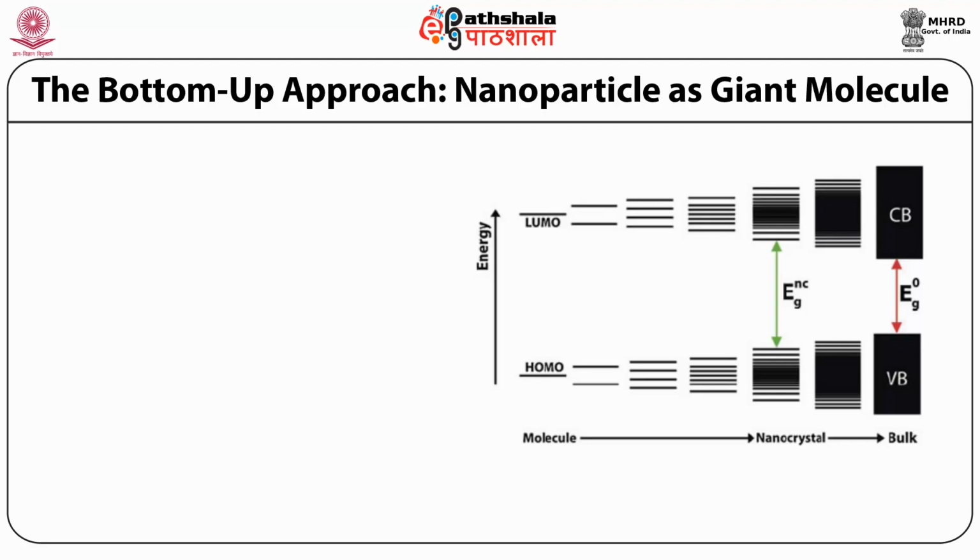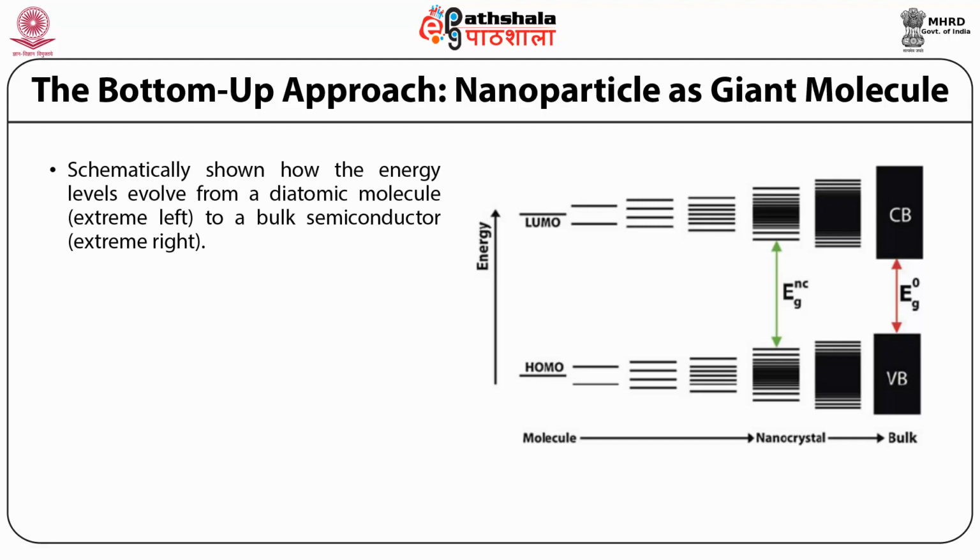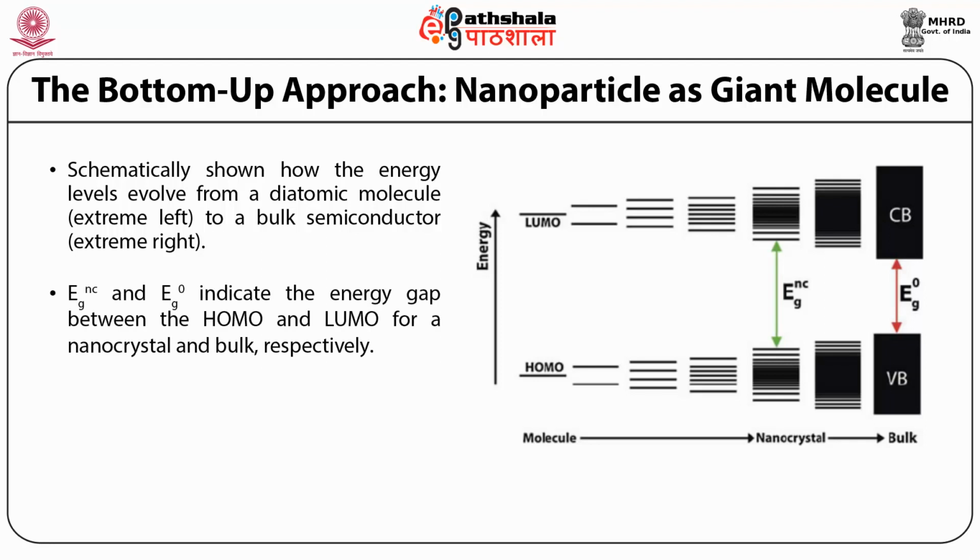So there would be fewer molecular levels at lower energy and at higher energy. This figure schematically shows how the energy levels evolve from a diatomic molecule to a bulk semiconductor. Here EgNC and Eg0 indicate the energy gap between the HOMO and LUMO for a nanocrystal and bulk.